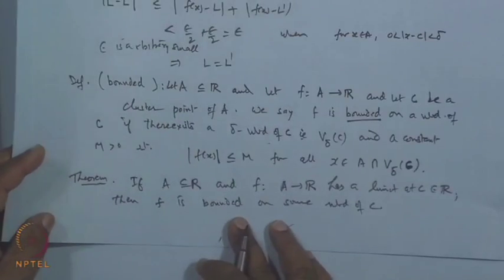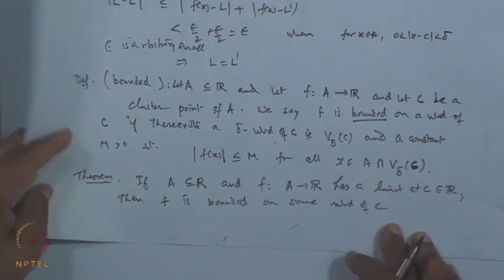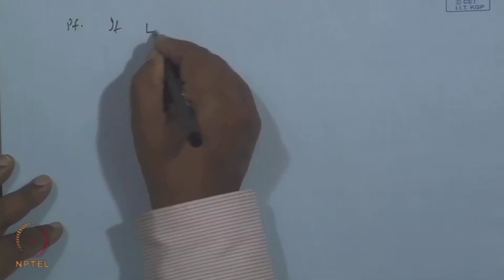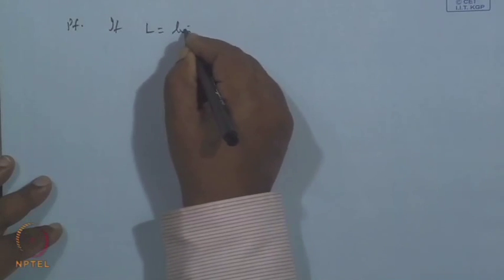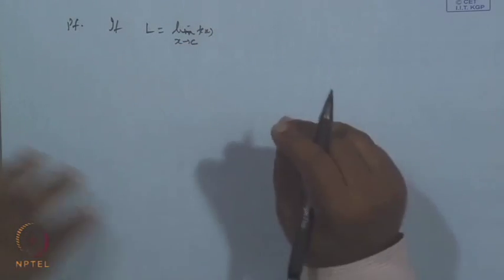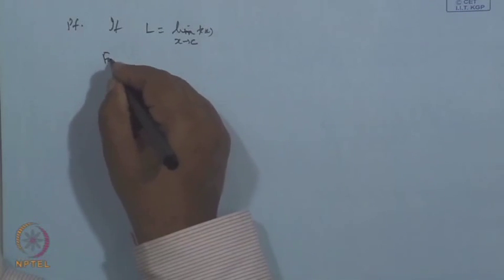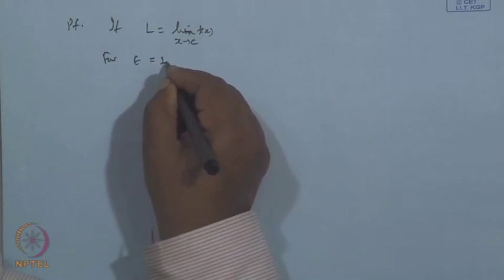So, if the limit of the function f exists, then the function f must be bounded in some neighborhood of c. Okay. So, let L be the limit of f x when x tends to c, this is given. By definition, for a given epsilon, I choose epsilon to be 1.